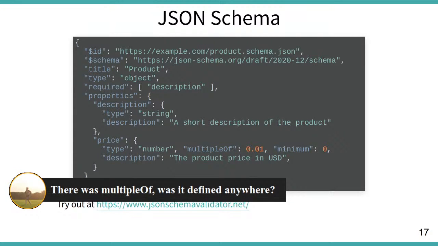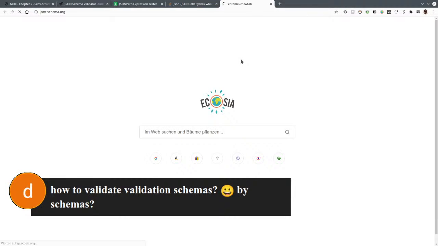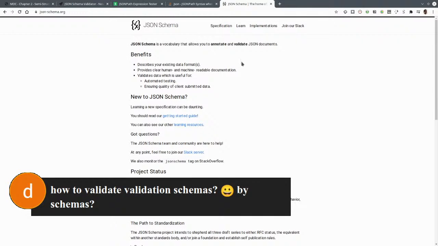So yes, how to validate validation schemas by schemas. I tried to find this out by looking into the schema of the schema, but this was not very helpful. It had just some references, but yeah, a good idea is always the documentation.